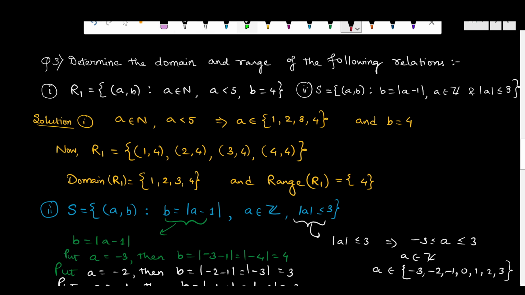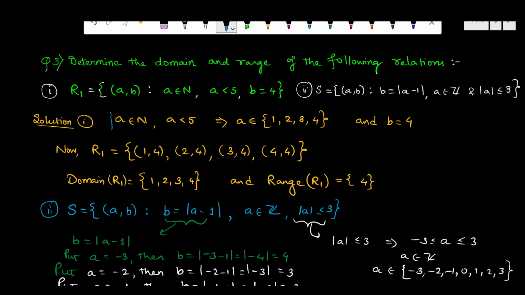Now see question number 3. Determine the domain and range of the following relations. So first is R1. R1 contains those ordered pairs of the form (a, b) where the first component belongs to the natural numbers, and a is less than 5 and b equals 4, means b is fixed and a varies.